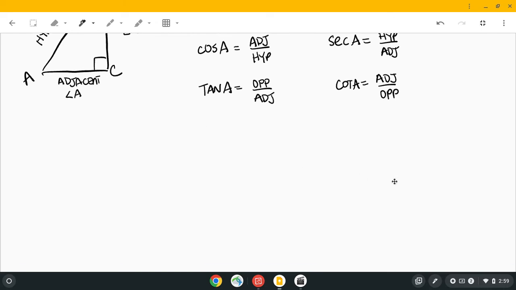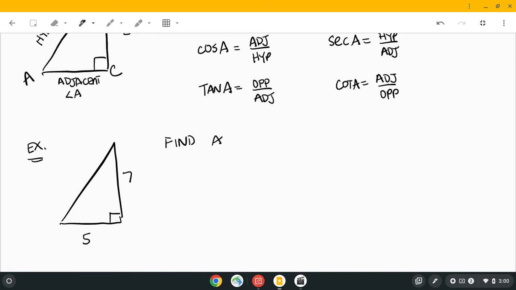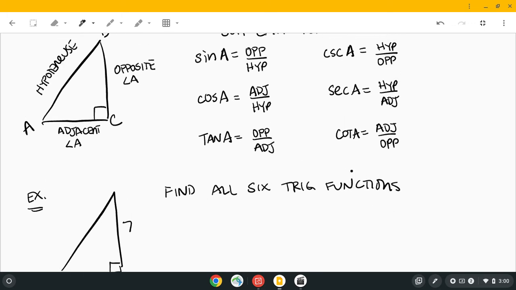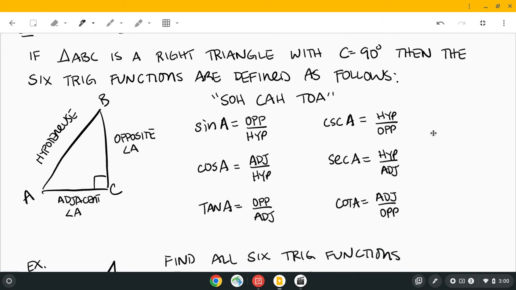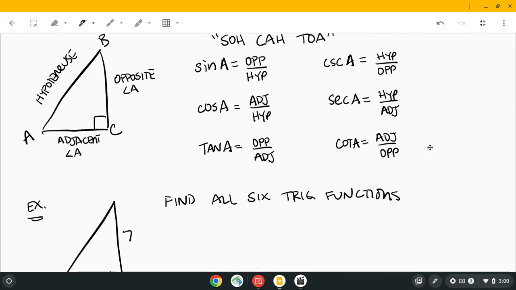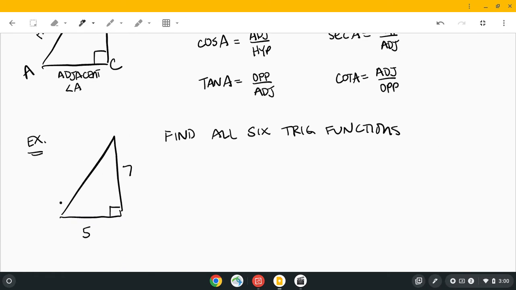All right, so for example, suppose that you have this right triangle, and suppose that this is 5 and this is 7, and you're asked to find all 6 trig functions. Okay, so if we're going to use this definition with SOH CAH TOA, then I need to find all 3 sides.